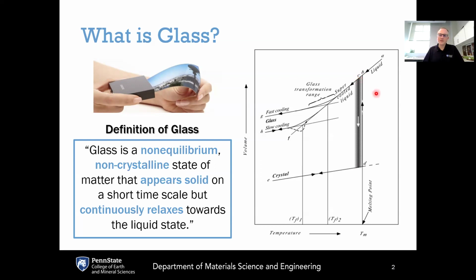Now, all of this is assuming that we're staying in equilibrium, but the fact is that it takes time for the atoms in the disordered liquid state to rearrange their structure to form the perfect crystalline order that is needed for the liquid to crystallize. In some liquids, this happens rather rapidly. For example, with water, the individual water molecules in liquid water can flow quite freely.